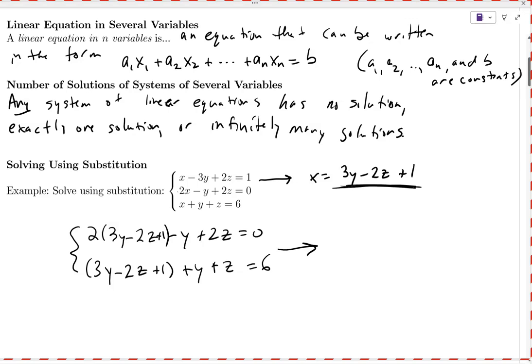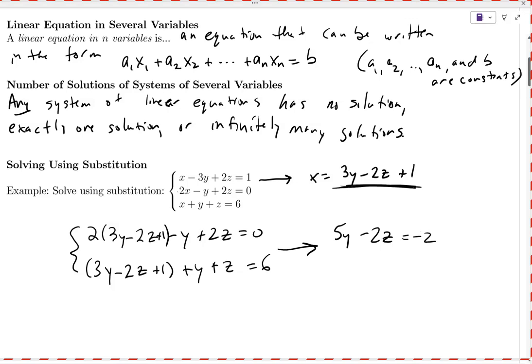So you'd have a 5y in that first equation. We've got a minus 4z plus a 2z. So we get a negative 4z, or negative 2z, sorry. Distribute your 2 through to there, we would get a 2, and I'll subtract it to the other side and get negative 2.